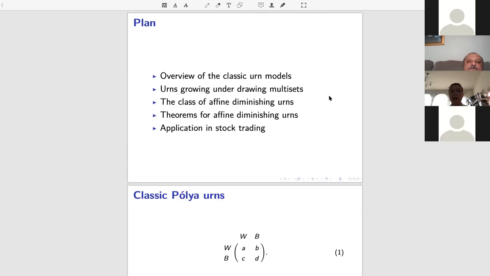Then we discuss the class which we will study, that is the class of affine diminishing urns. We will present the theorems that we obtain for this class, and then apply this class to model effects of trading strategies in the stock market. So that is the plan for today's talk.